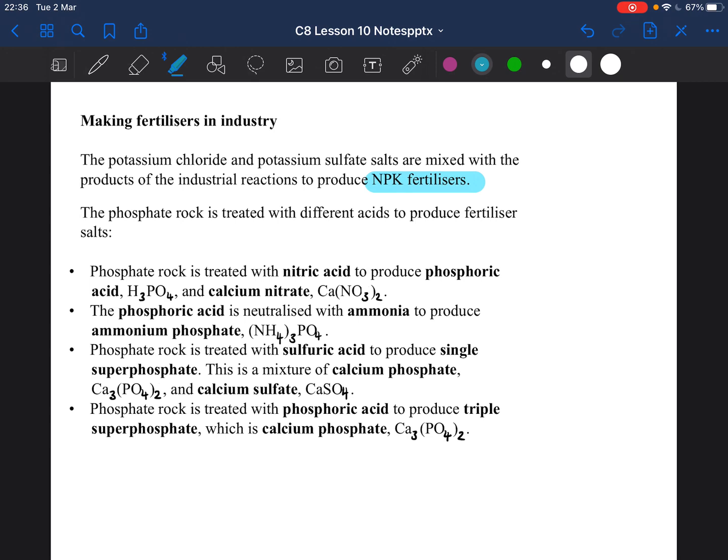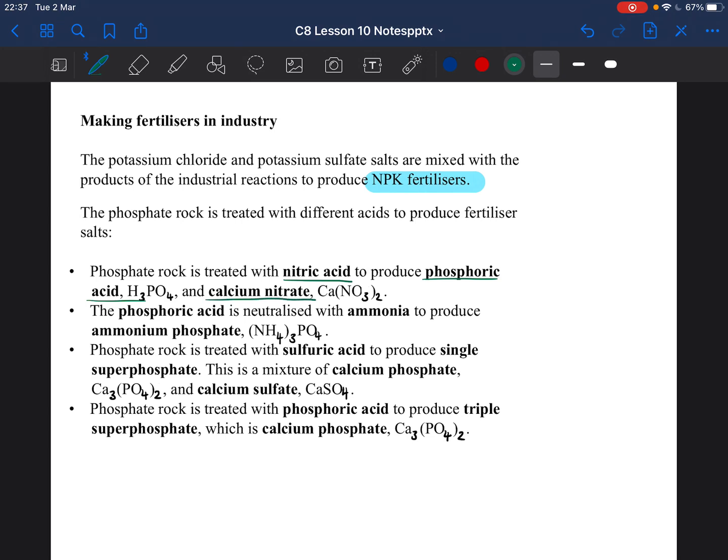So our phosphate rock is treated with different acids to produce our different fertilizers, okay? So the first one we're going to look at is if we treat it with nitric acid, we produce two products. We produce phosphoric acid, which we're then going to use later on in the process, this integrated process. We're making something we're going to reuse, and calcium nitrate.